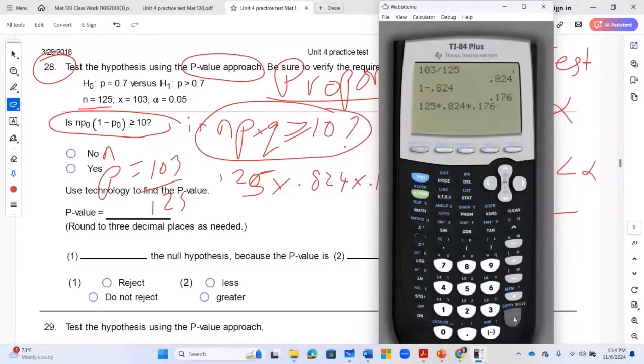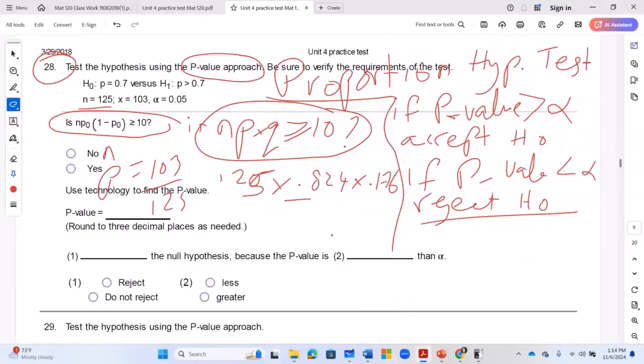When I get an answer, it has to be greater than 10. The answer is 18, which is greater than or equal to 10. Therefore, the condition to convert from binomial to normal is satisfied.